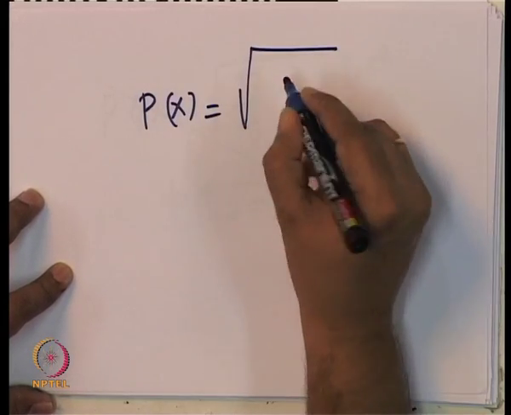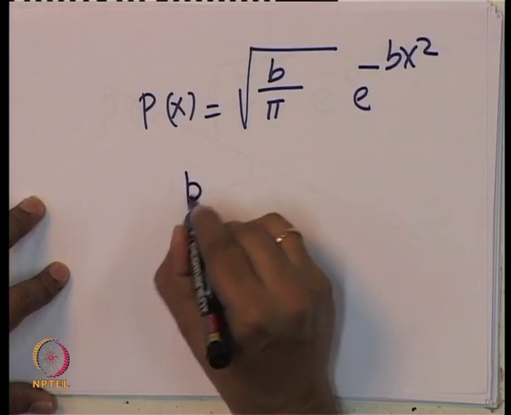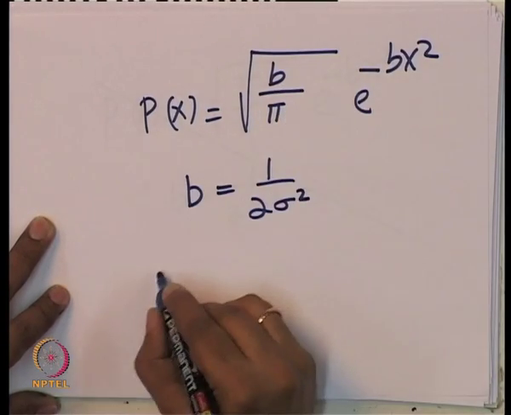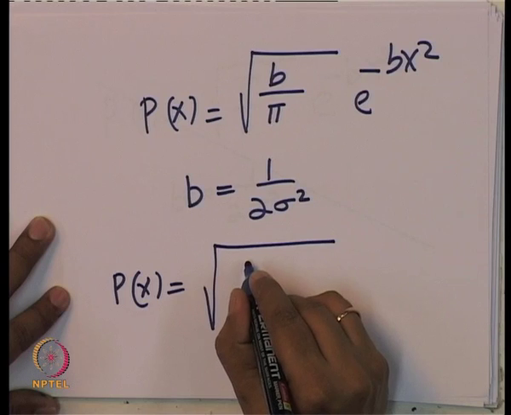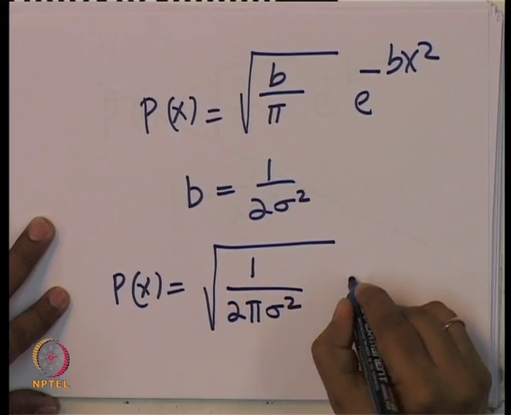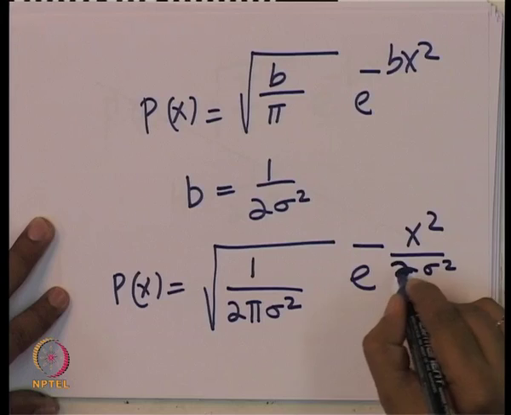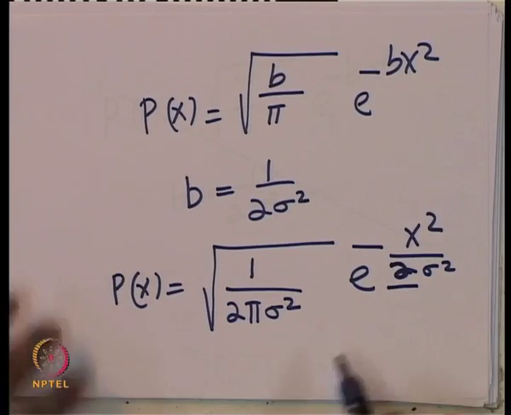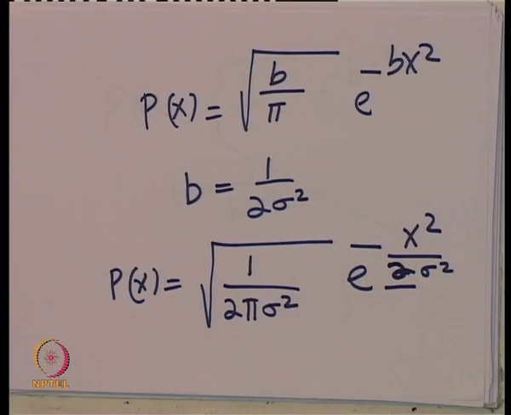If I substitute this here, you get p of x is equal to root of 1 over 2 pi sigma square e power minus x square by 2 sigma square.